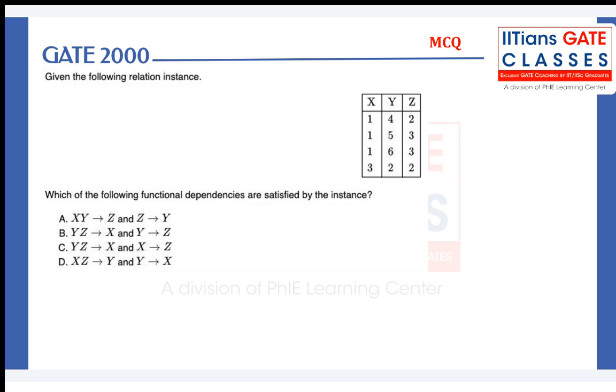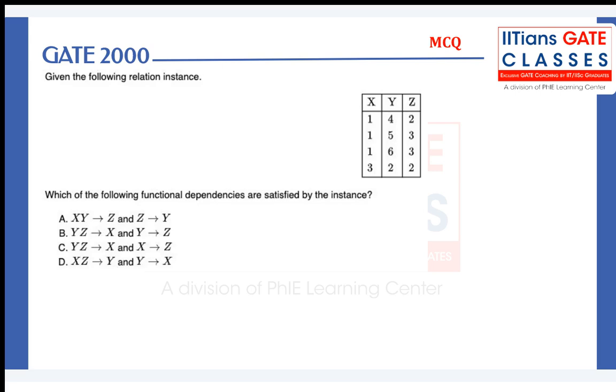Look carefully. If no, why? Who is the problem? What is the problem then? Perfect. If Z is equal to 2, you're not getting a unique Y, you are getting two different Ys, 4, 2. Very good. Okay, now try to answer.